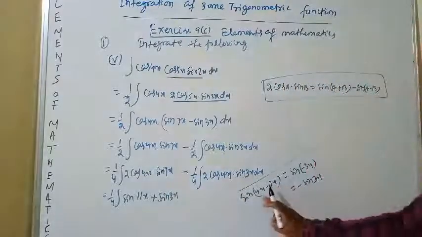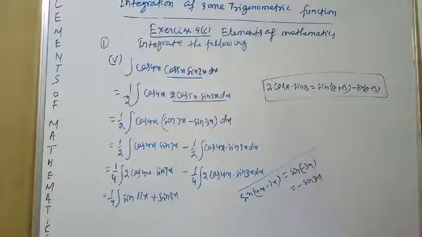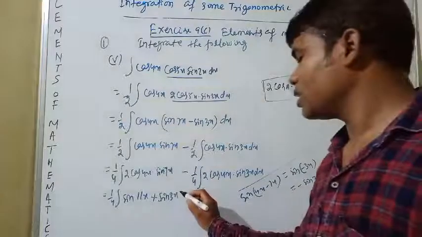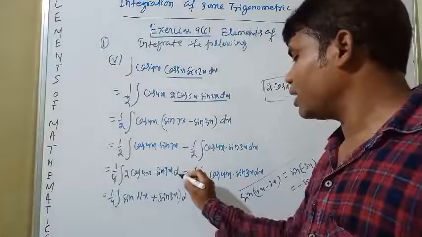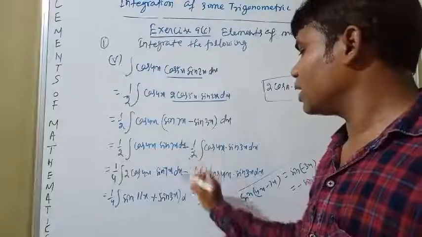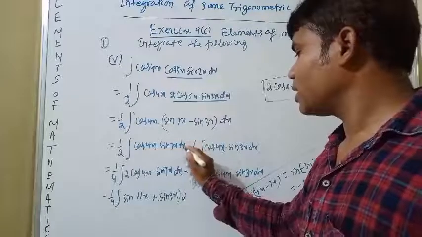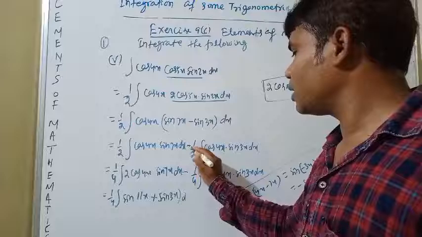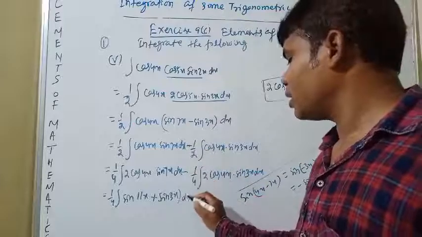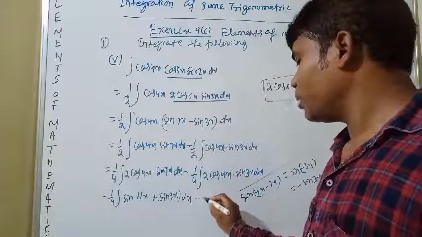You check it here, sin 3x, dx. Minus 1 by 4.